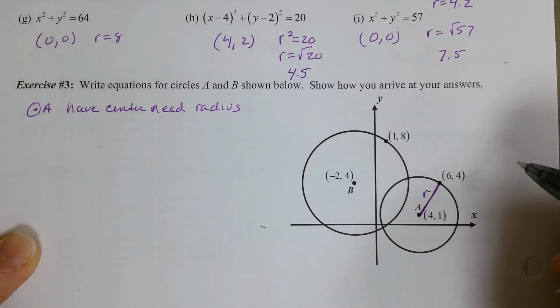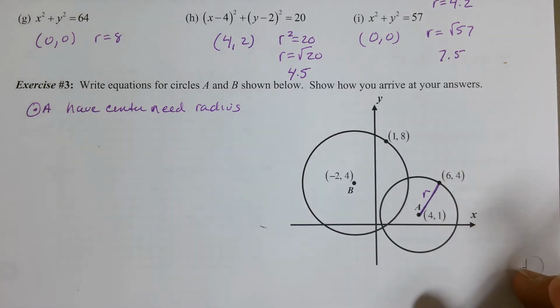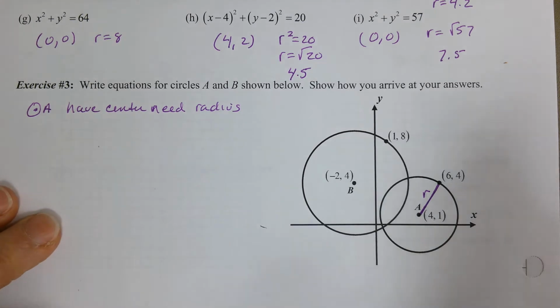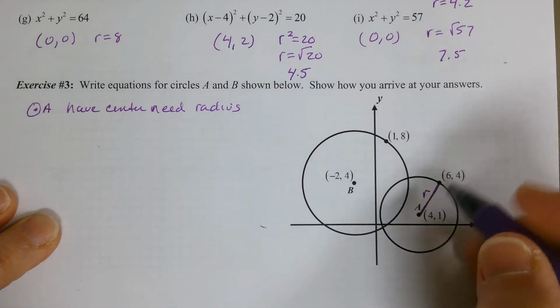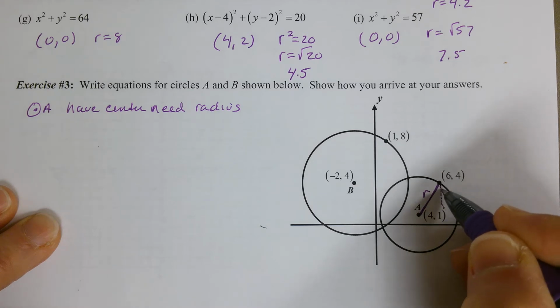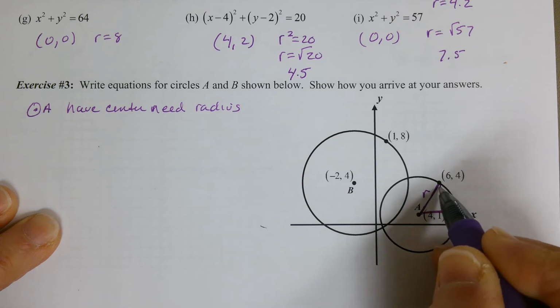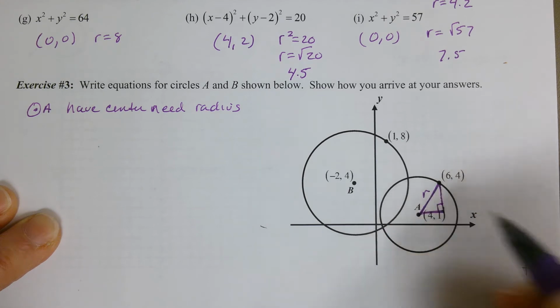Do you recall the distance formula from geometry? Distance is equal to the square root of the difference in x's squared plus the difference in y's squared. Or what we could do is drop a perpendicular down and then a horizontal over. We've just formed a right triangle.